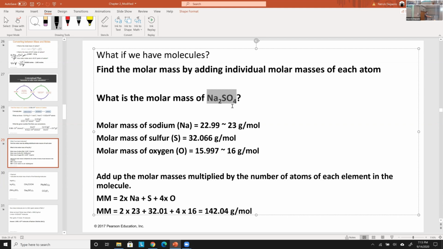So you'd have 2 times your sodium plus your sulfur plus 4 times your oxygen. And all those numbers can be found by looking at the periodic table. So definitely have a periodic table on hand when doing the homework and everything else. For the test, it will be given to you. So add up the molar masses, multiply by the number of atoms of each element, and for sodium sulfate, you get 142.